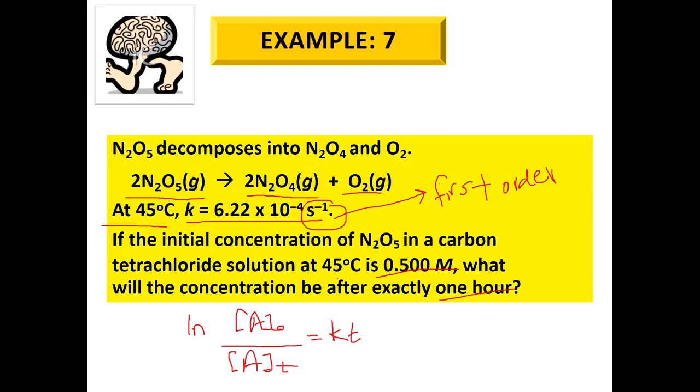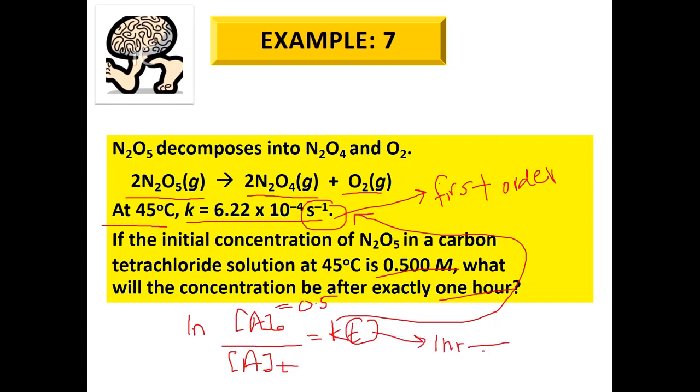In this example, the A naught is 0.5, your k is this one, and your t is 1 hour.